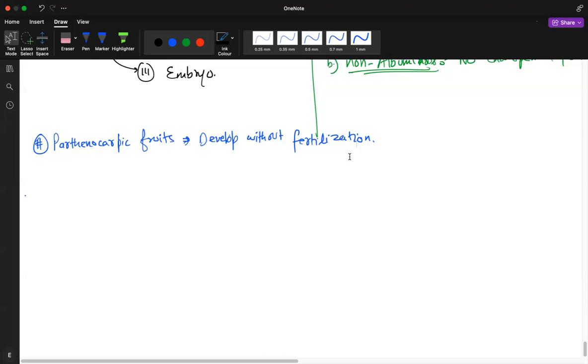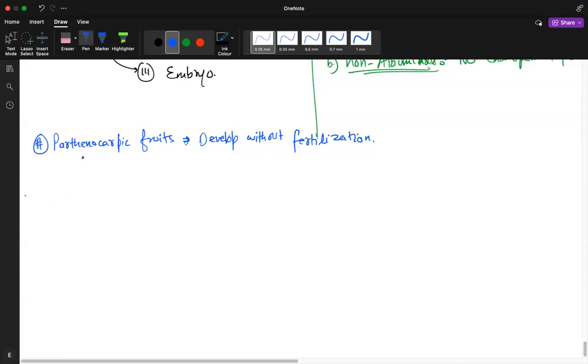PGRs. And these plant growth regulators are used by the plant to produce a fruit. Basically, there will be a structure that will start ripening and become fruit, but there is no fertilization. So there is no sexual reproduction involved, no variation, nothing. One such example is banana. You've seen banana?